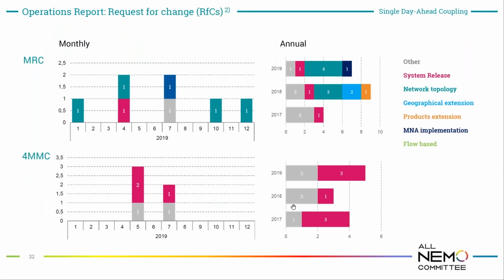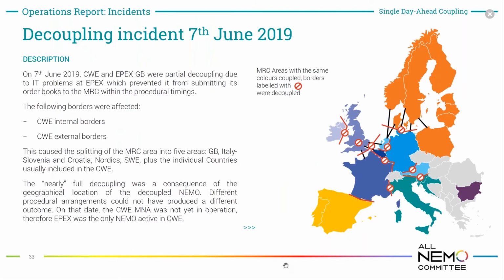This is the classification of requests for changes. We see this for the two clouds. This is the graph of the borders that were decoupled during the decoupling incident of the 7th of June.